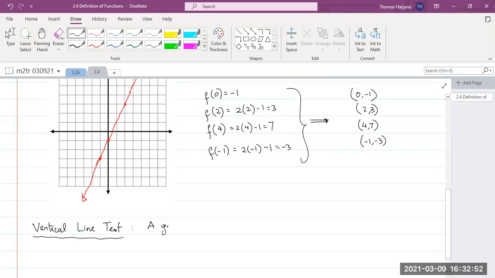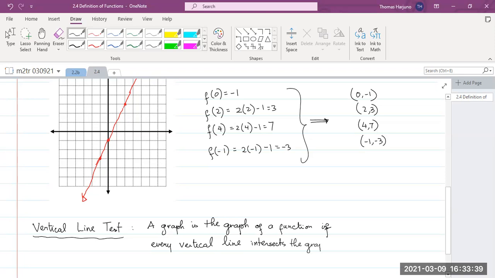The graph is the graph of a function if every vertical line intersects the graph at most one point.